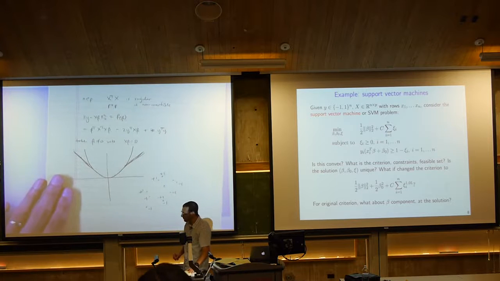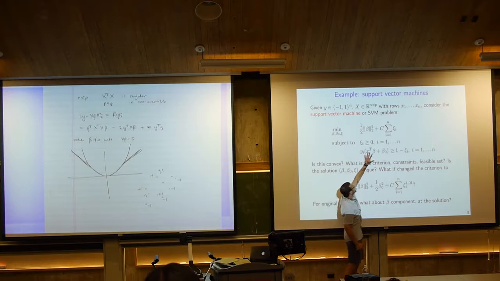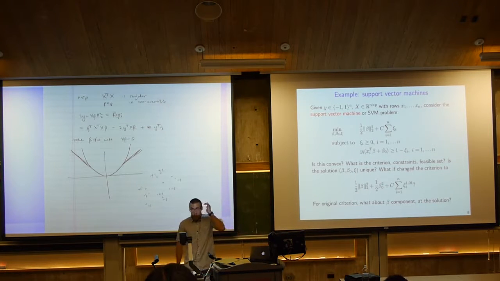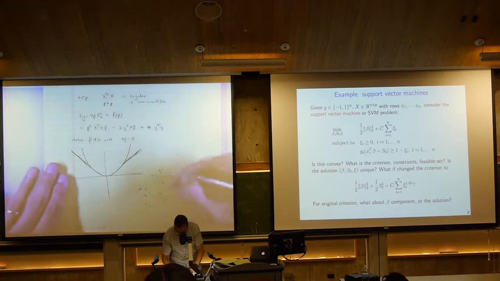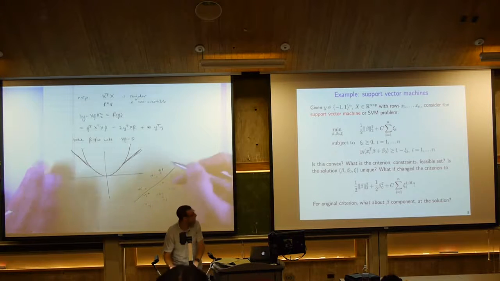We are trying to find a linear decision boundary defined by x transpose beta plus beta naught. That defines on either side a half space. So we're trying to find a hyperplane to divide our space, maybe like this, that best separates our points according to this criterion.